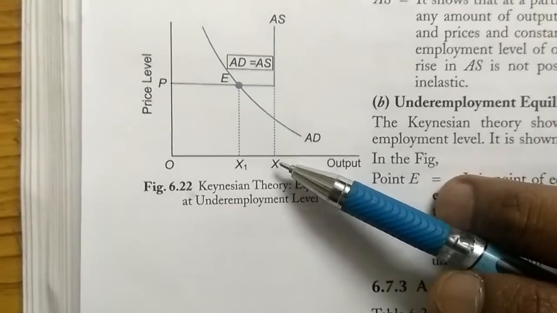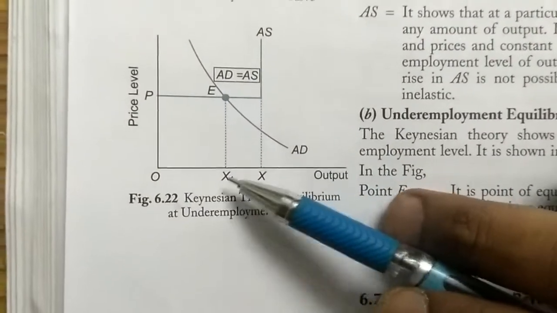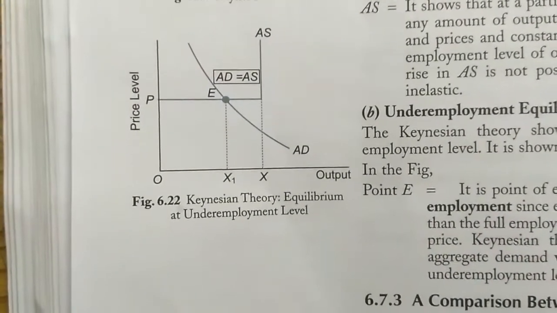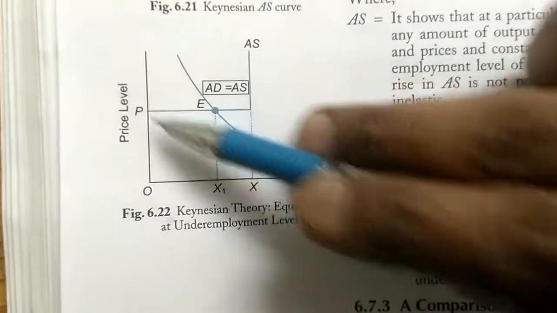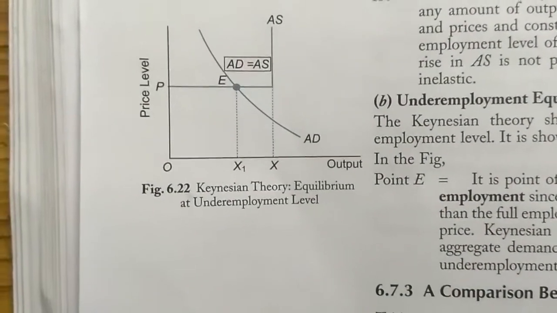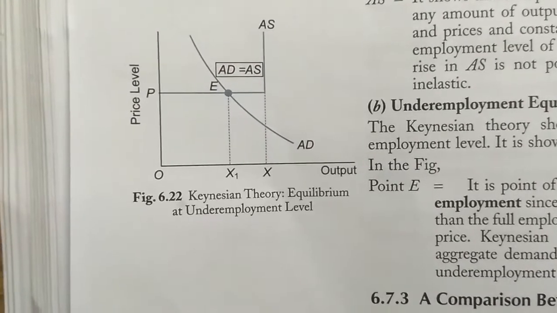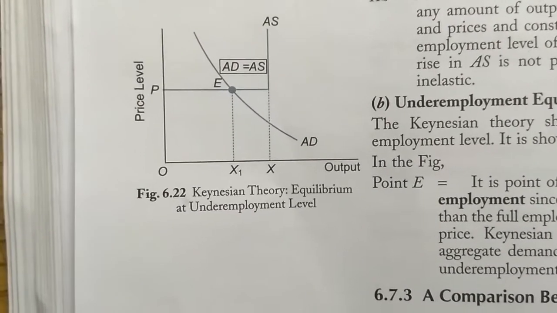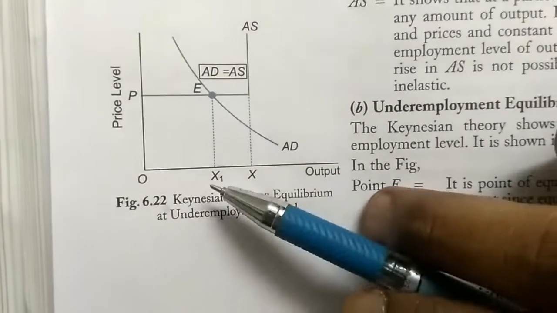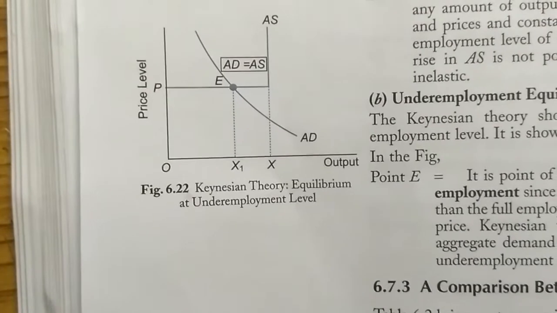OP is the equilibrium price. Keynesian theory recommended a significant role for aggregate demand, which can help an economy move from an underemployment level to the full employment equilibrium level. Let's see the comparison between the classical and the Keynesian theory.